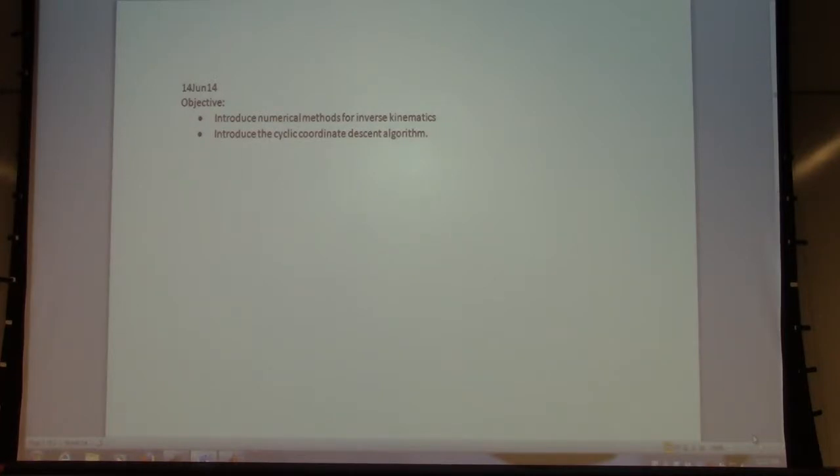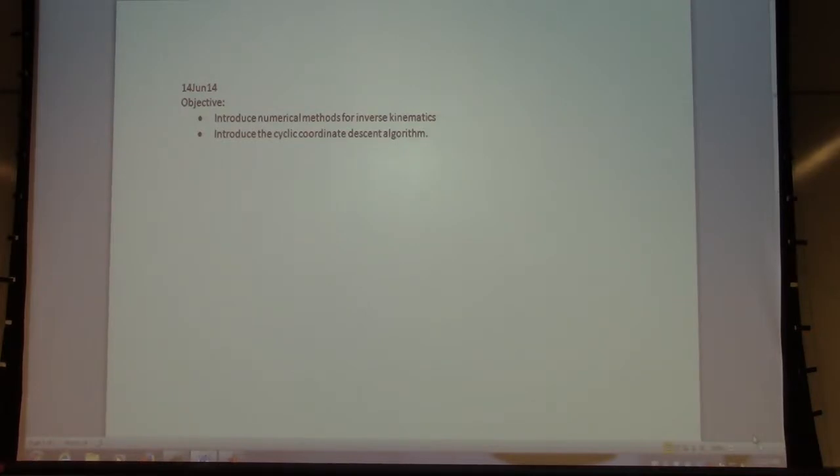I don't have this week's assignment written up yet, but as soon as I get it written up, I'll have it posted this afternoon. It will be two parts. One is to write the algorithm for the cyclic coordinate descent. The second part is then to use the DH parameters that you determine from that descent algorithm in order to plan motion from your initial configuration to your destination.